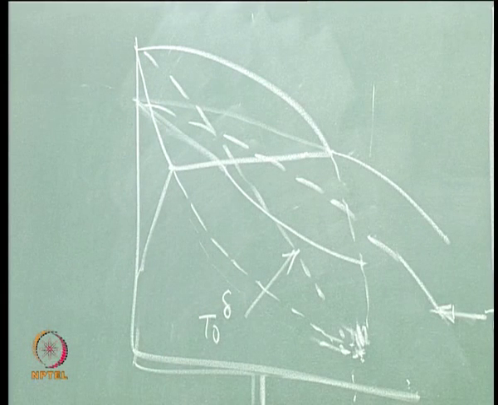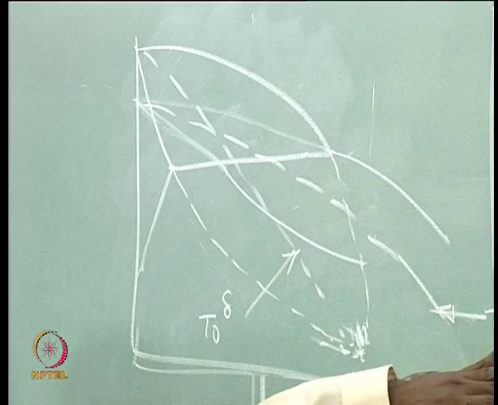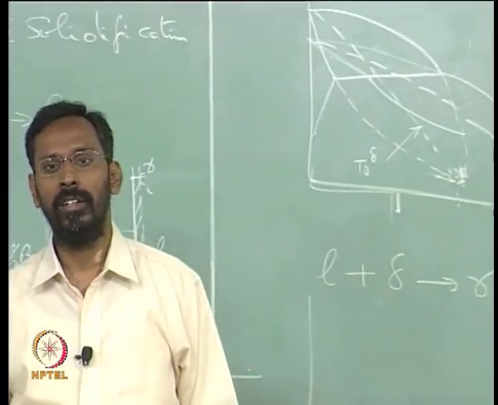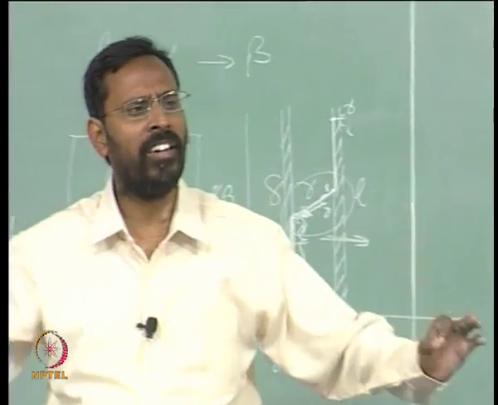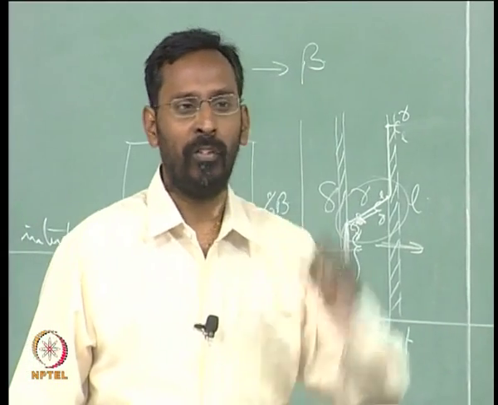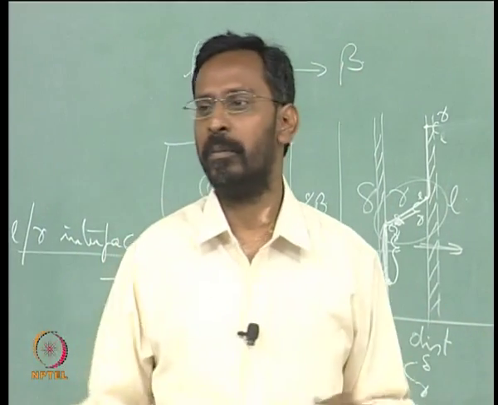So, depending on where you are, you can get basically any of those phases, and if I can undercool below the T naught of gamma, then in principle yes, I can get a partitionless solidification of liquid giving you single phase gamma.